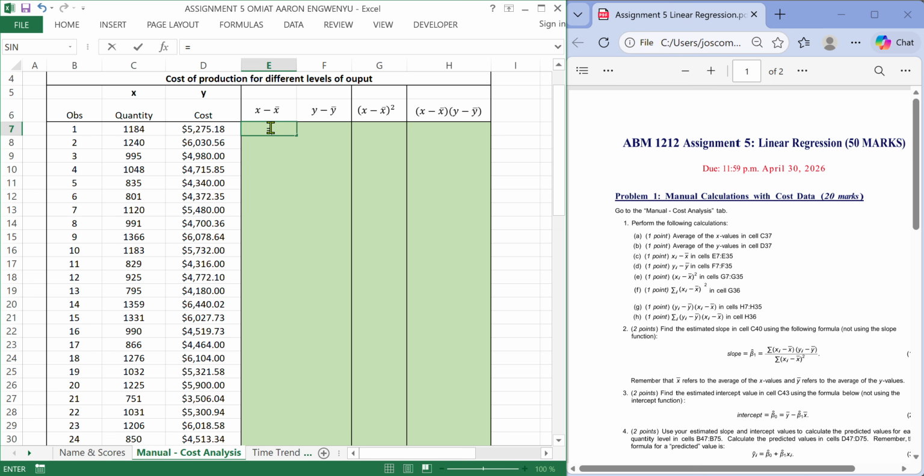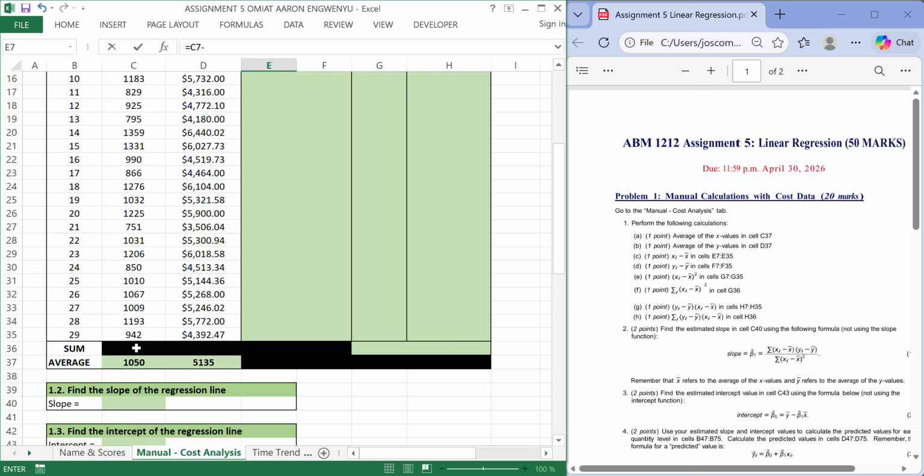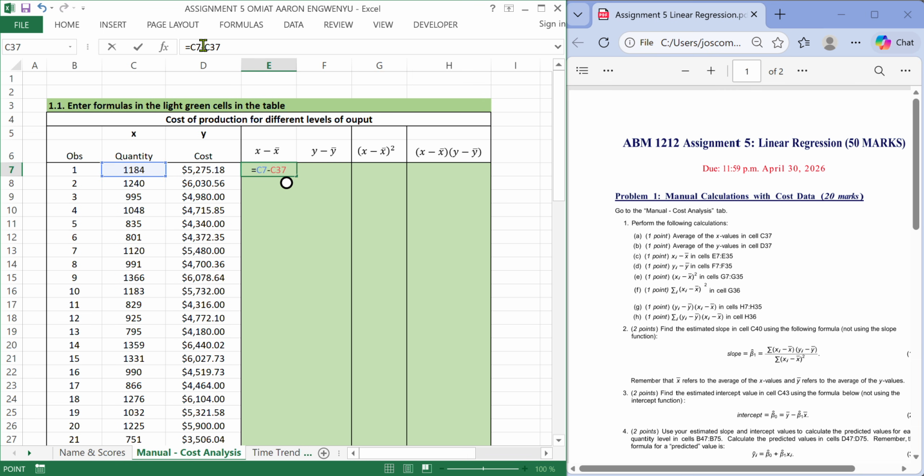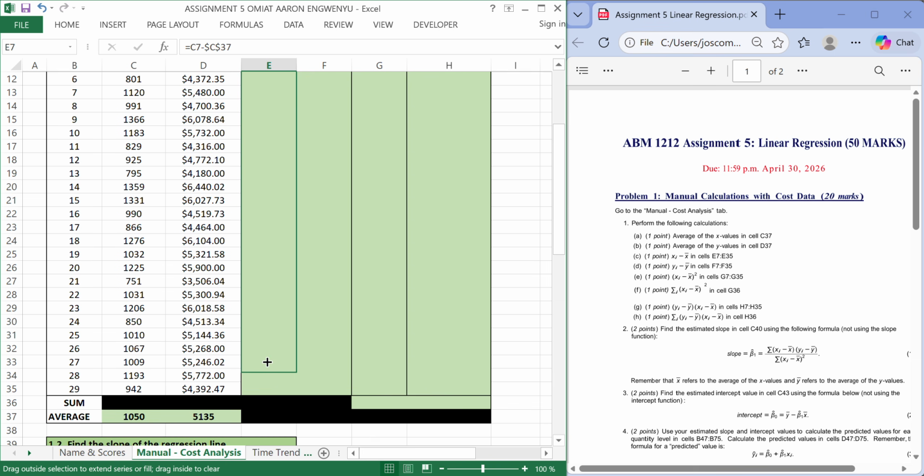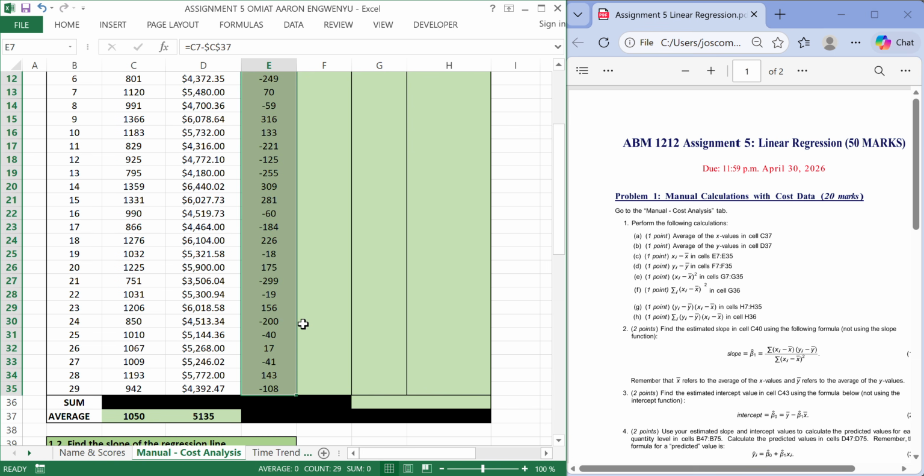So begin with x bar equals, we select the x minus the average, but we are going to use the same average throughout. So what do we do? We make it absolute by putting the dollar signs before the letter and before the number. There, done. Press enter, fill, done.